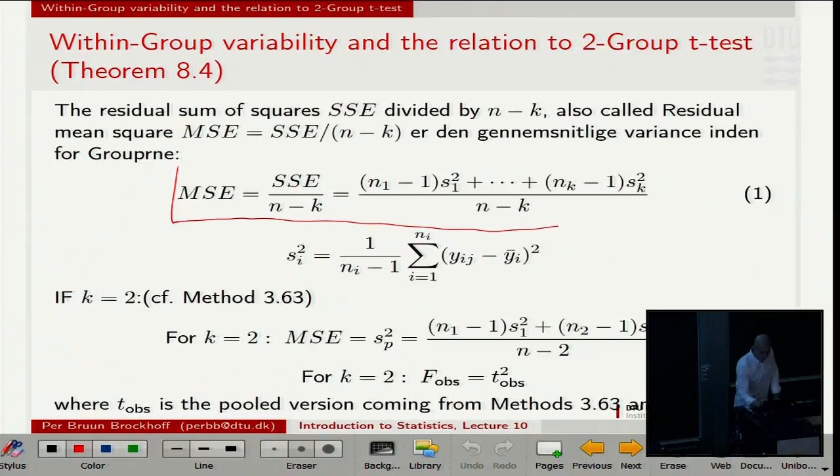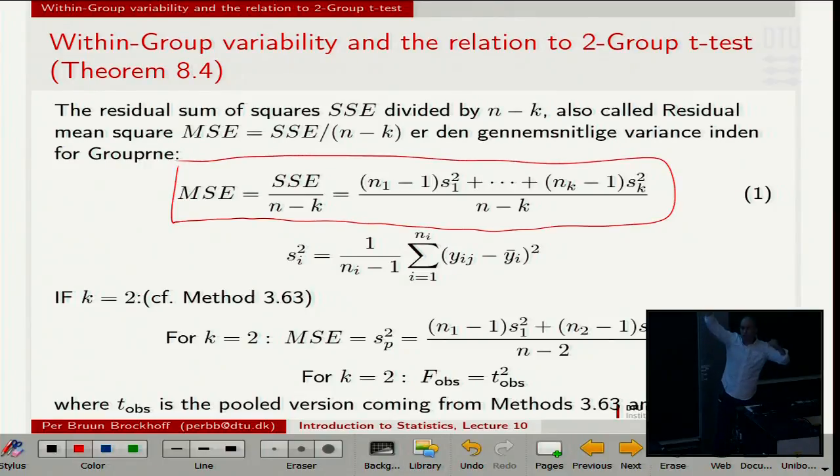The computation of the within group fluctuation: the sum of squares for residuals, the error sum of squares, many words for the same thing.